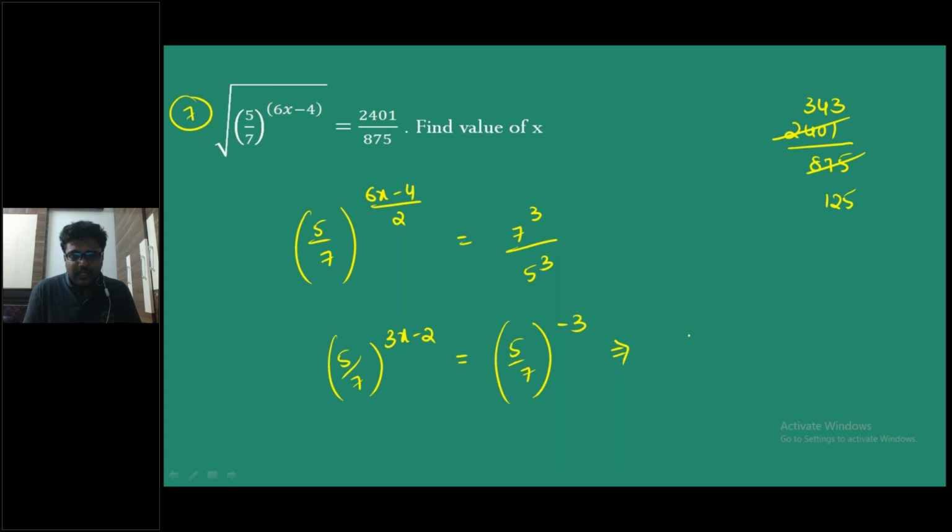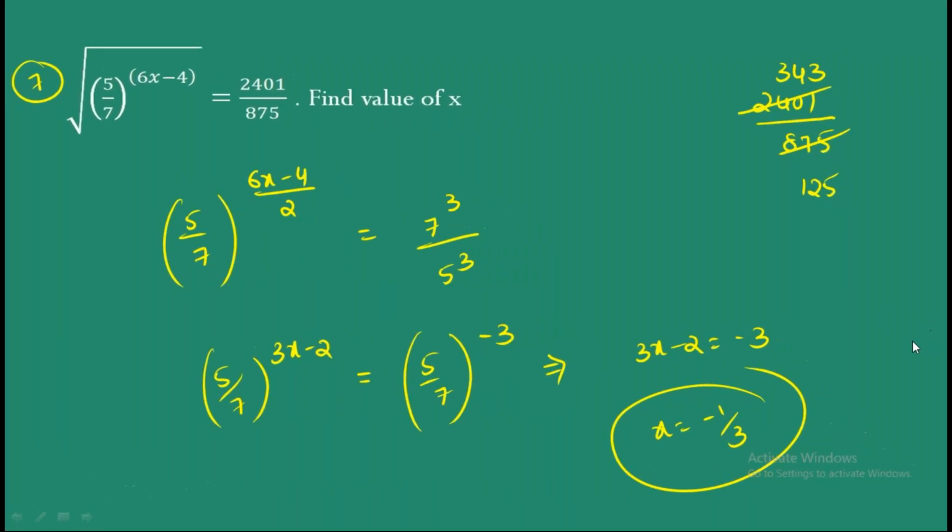Once you do that, as bases are equal, powers are equal, x value is nothing but minus 1 by 3, my dear friends. It's not positive, not an integer, it's a fraction, and a negative value we got. Fine, no issue. Got it. Excellent.